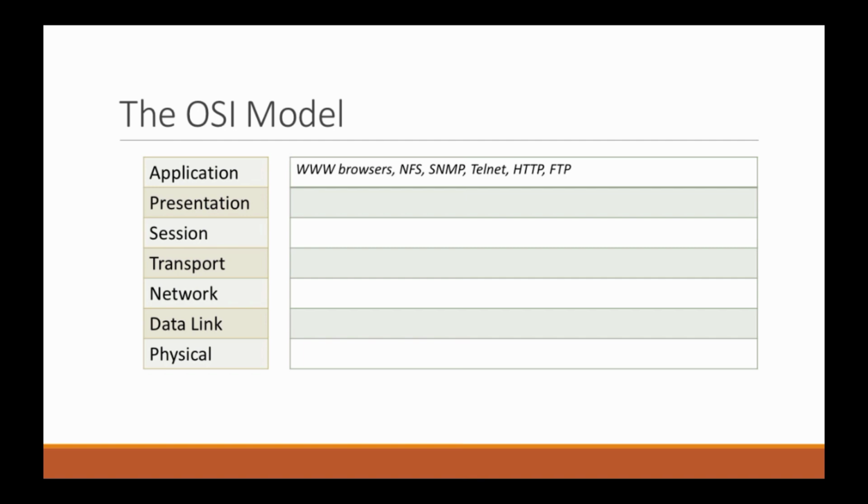The layer provides application services for file transfers, email, and other network software services. Telnet and FTP are applications that exist entirely in the application level, and tiered application architecture is a part of this layer as well. So within there, you'd have World Wide Web browsers, NFS, SNMP, Telnet, HTTP, and FTP.